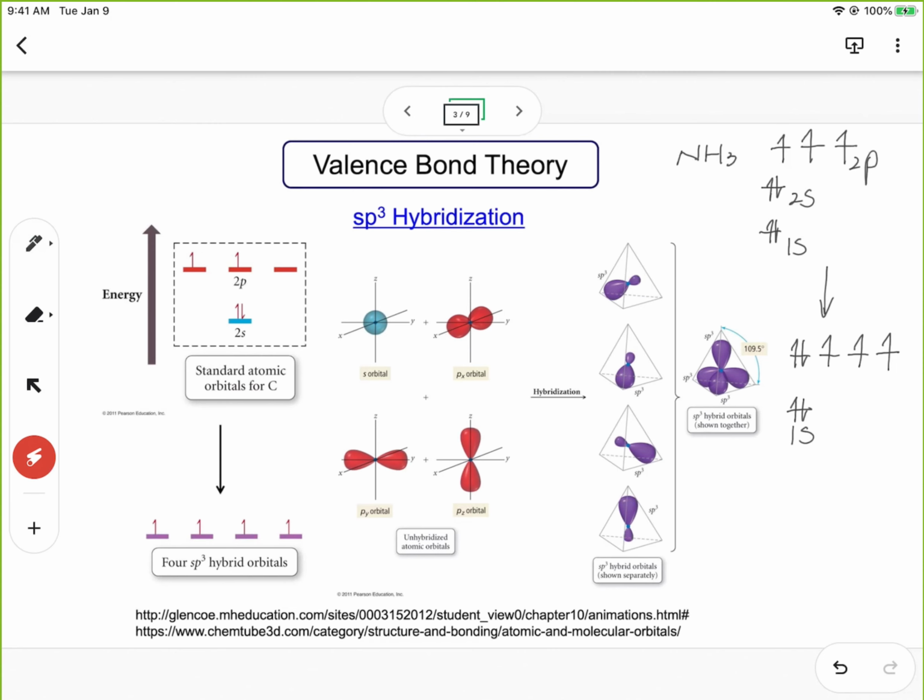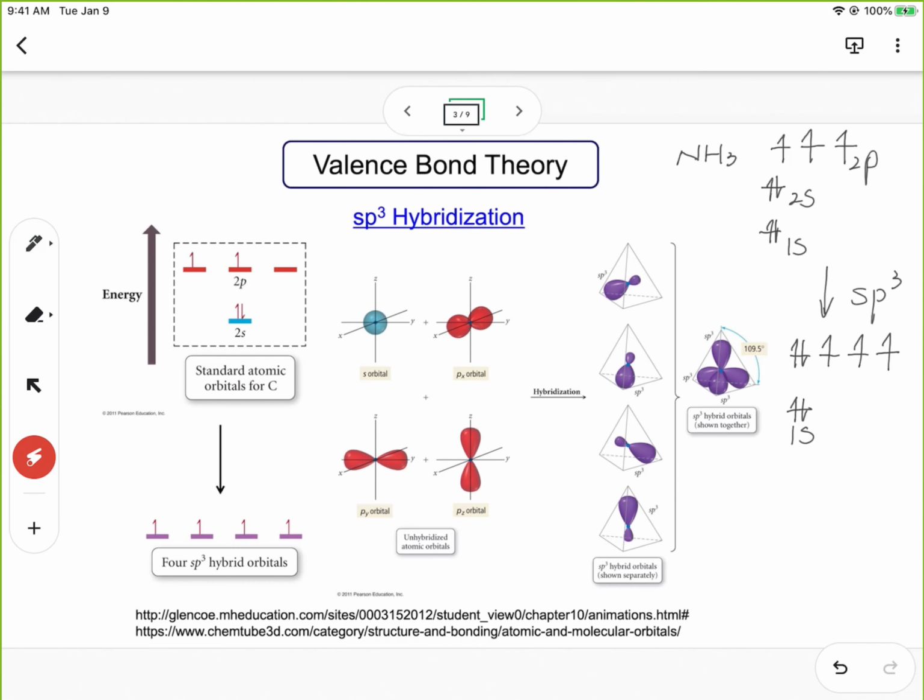Since this is hybridization among 2s and 2p orbitals, we also call it sp3 hybridization.